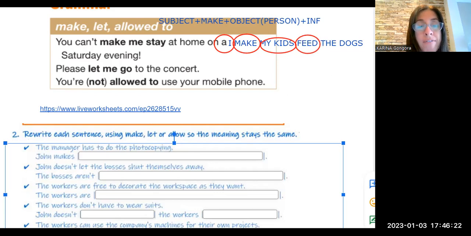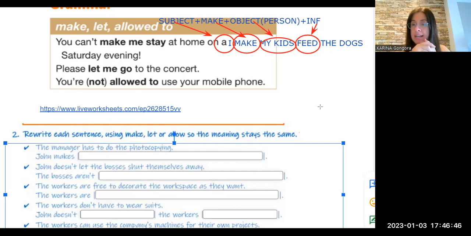Si pudiéramos agregar flechitas, haríamos algo así. Subject is I. Then we have the verb make, of course. Then we have the object, that is my kids. And then you have the verb in the infinitive, that is feed, right? This is the structure that you will have to write.